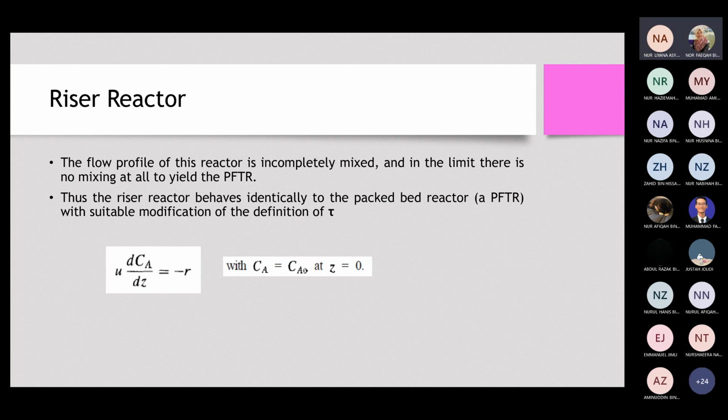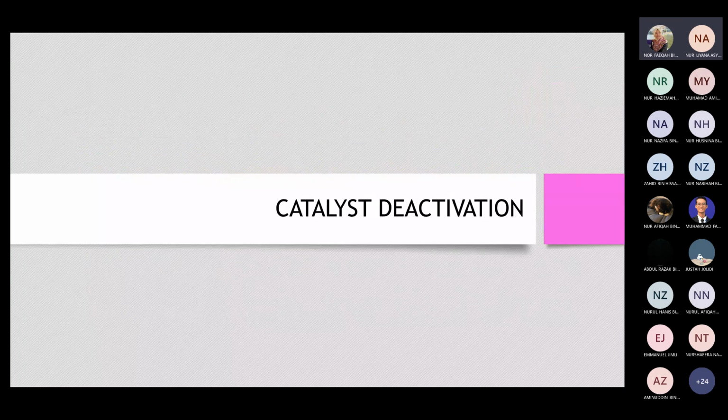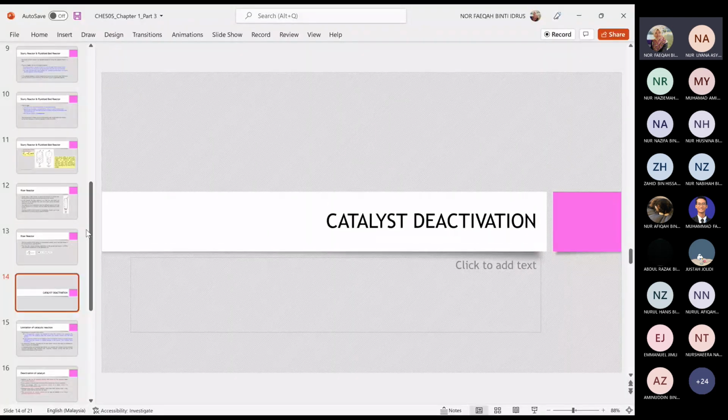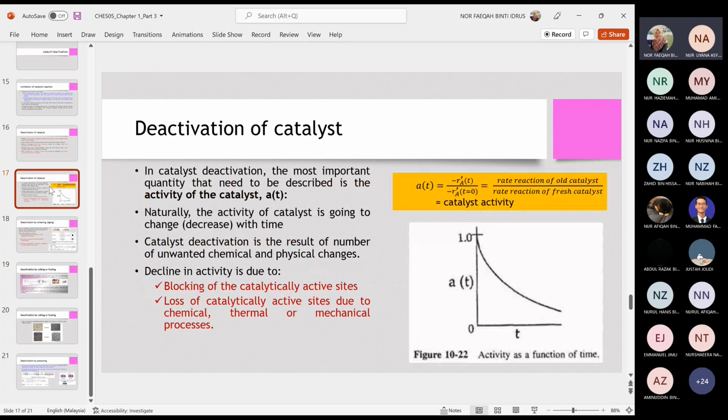Alright. So we are done with the reactor design. And the last part, catalyst deactivation, we will look at next week. Catalyst deactivation is not much, just a theoretical part, no calculation involved. So it is easy. It is theoretical and about understanding how the deactivation reaction can occur.